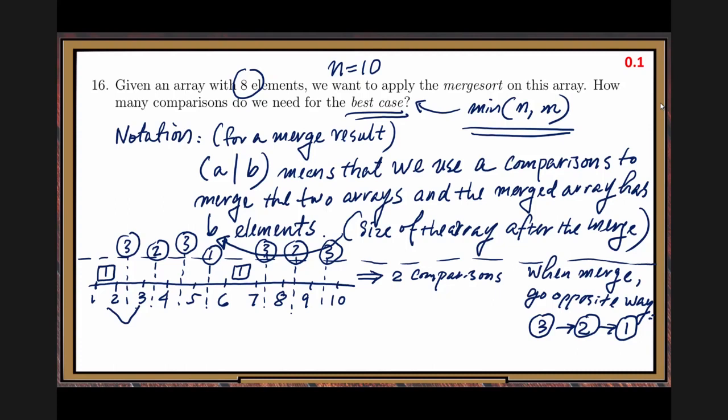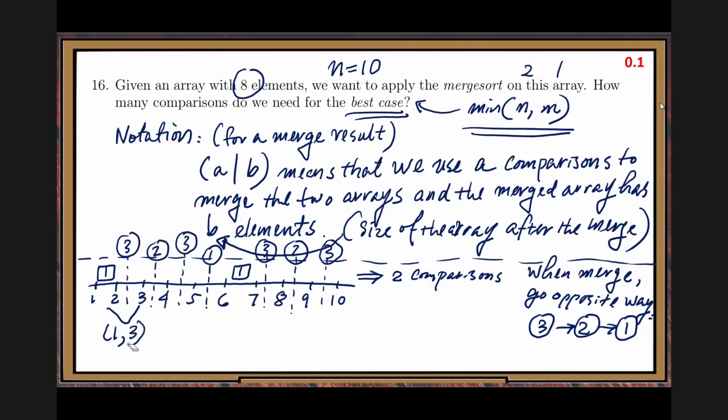When you do merge, the size m equals 2, and n equals 1. The minimum is 1. Based on our notation, 1 comparison, and array size is adding together, 3. So 1 comparison, 3 array size.